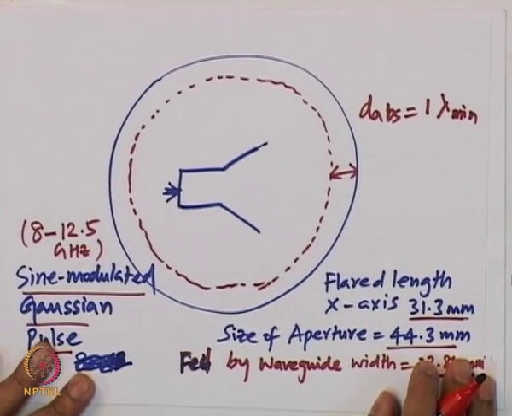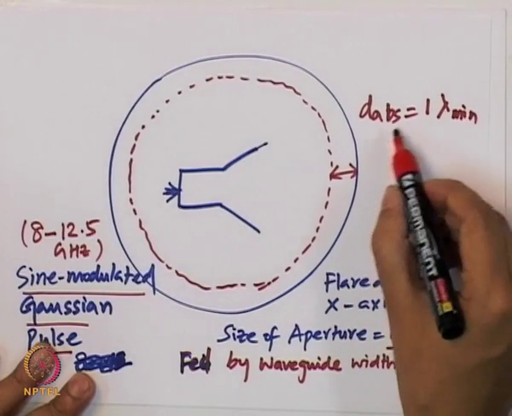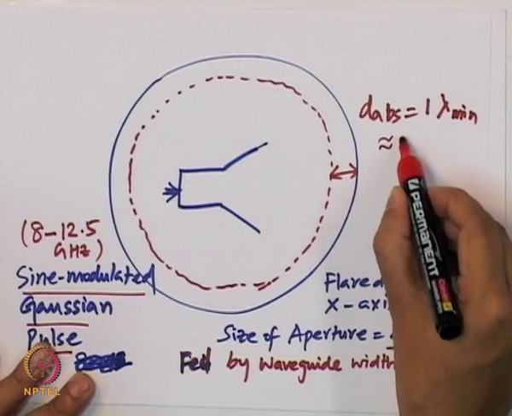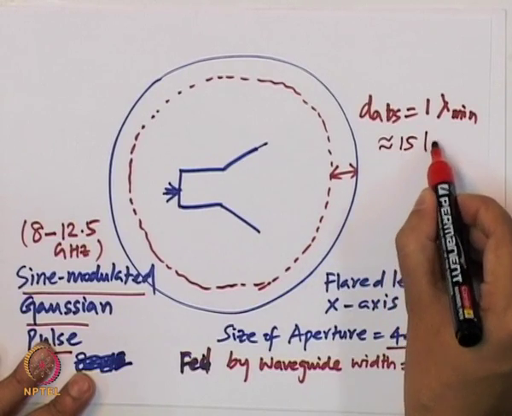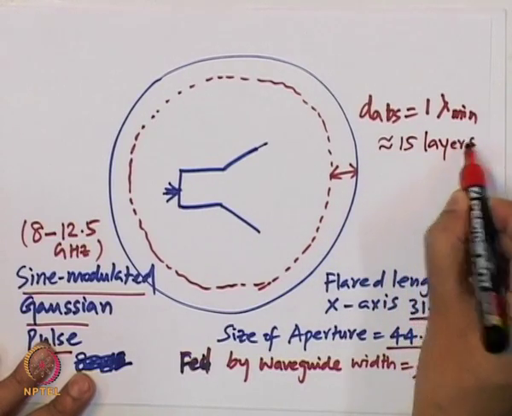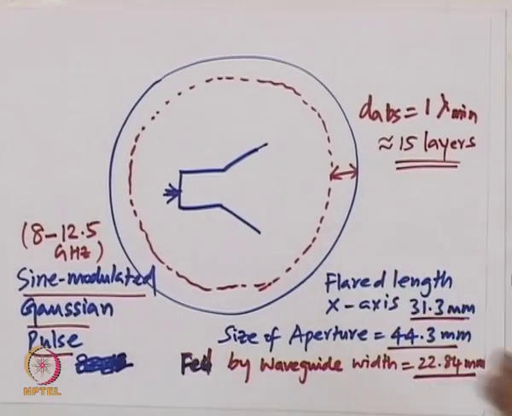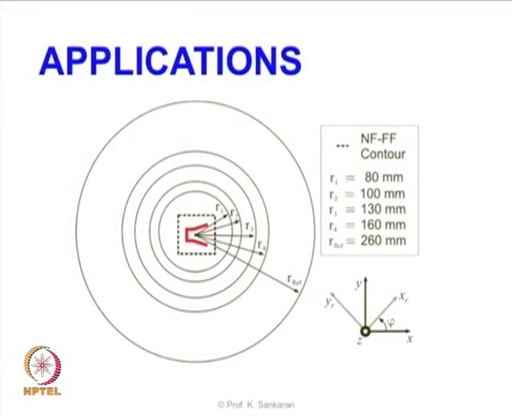So these, in most of the cases, will be roughly 15 layers. So what I have described here is a basic geometry of the problem.